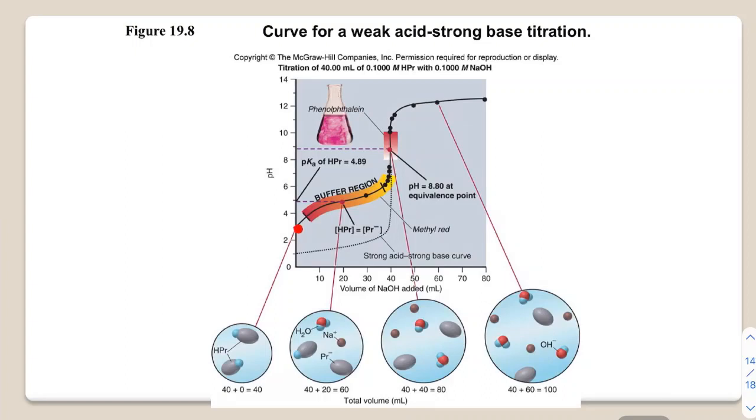It starts here and then gradually increases, and this is the buffer region, and then we have an equivalence point above 7, and then it gradually increases and becomes constant. So if we have a reaction between this weak acid and strong base, we'll use phenolphthalein as the indicator. You have to memorize this. Phenolphthalein is used for this weak acid strong base titration.